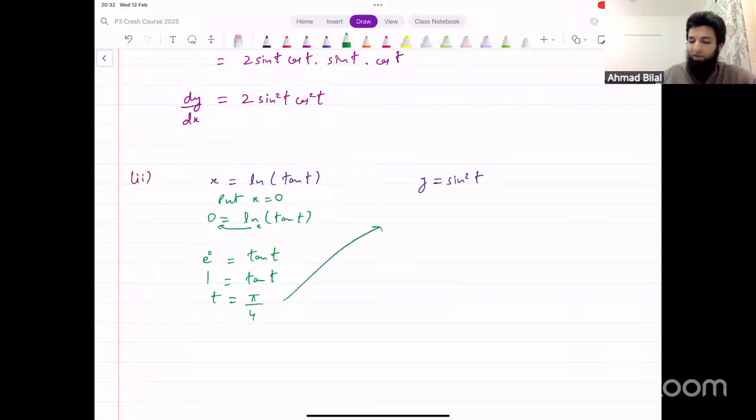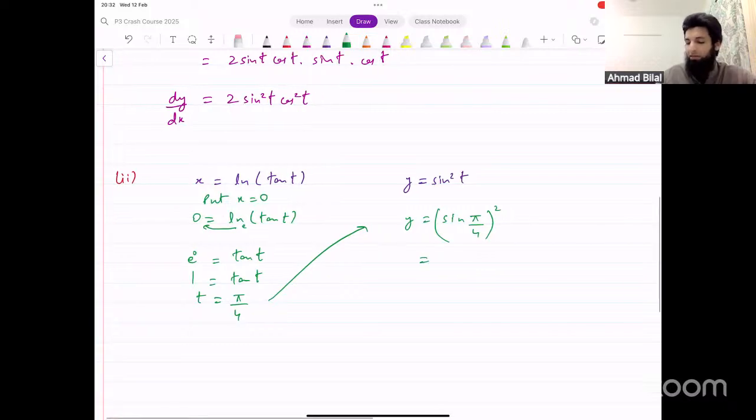You put this value there in the other function. Y equals sine square t. What does that mean? Sine t whole squared. So that's sine of pi over 4 whole squared. Put this on your calculator. See what you get. Sine pi over 4. Your calculator is going to give you square root of 2 over 2 for that. And then you square that.